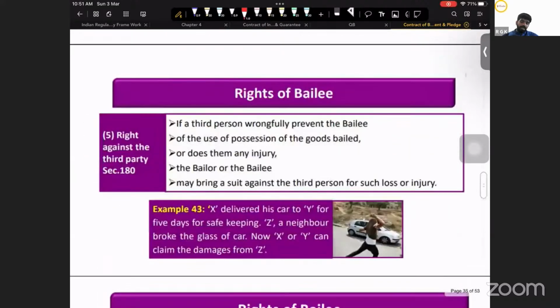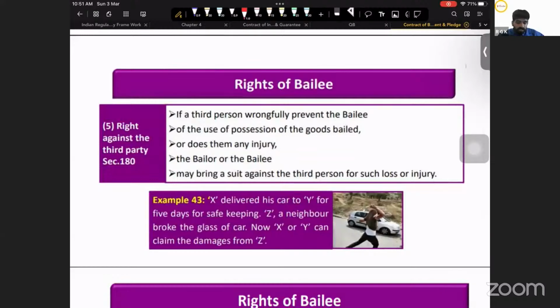Next, right against the third party. Say you have given a car for repair. While the car is in the garage, some third party causes damage to the car. Being the owner of the goods, the bailer can sue the wrongdoer, and you, being the person having possession of the goods, can also sue the wrongdoer as if you are the owner.